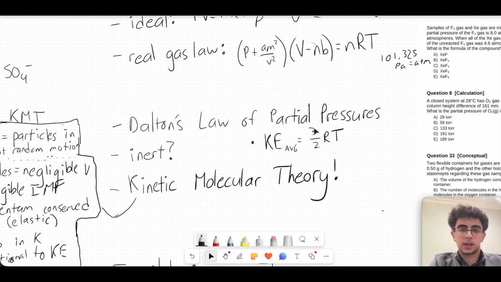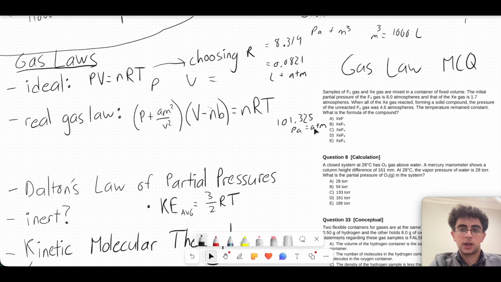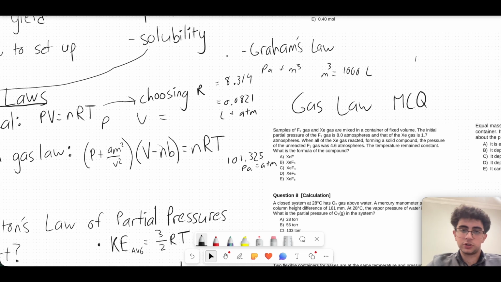Moving past that, there's one more law that you should know, and it's Graham's law of effusion. I like to think about effusion like a gas leaving a balloon. Graham's law of effusion compares the rate at which gases leave balloons. The law is basically R1 over R2 equals the square root of the molar mass of 2 over the molar mass of 1.